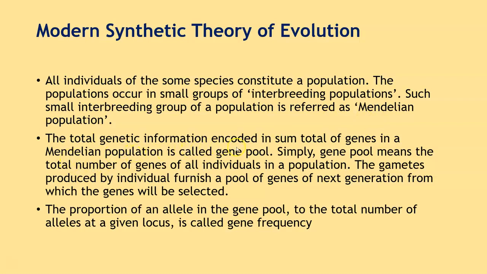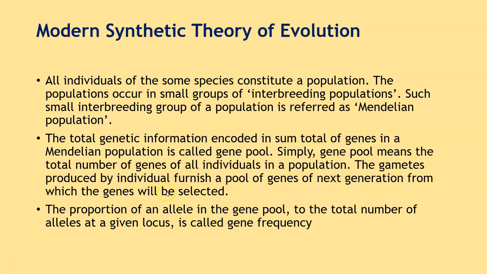The total genetic information encoded in the total of genes in a Mendelian population is called a gene pool. So the gene pool refers to all the genes contributed by all the individuals in a particular Mendelian population. Similarly, gene pool means the total number of genes of all the individuals in a population.